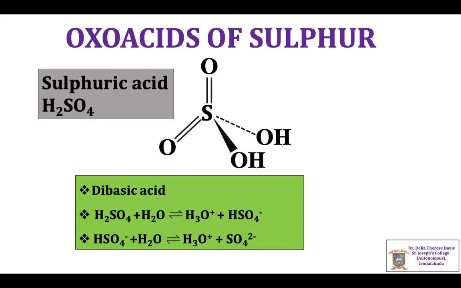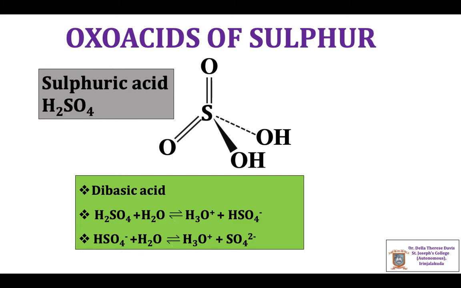Sulfuric acid is H2SO4. It is otherwise known as tetraoxosulfuric acid. There are two ionizable hydrogens, and thus sulfuric acid is a dibasic acid.